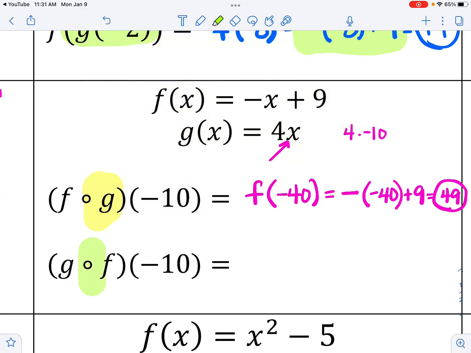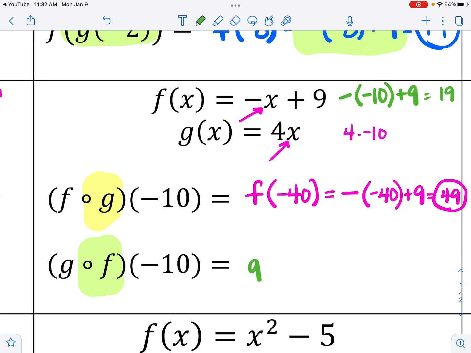And here I plug into the F first. So I'm now going to plug negative 10 into the first one. So again, this becomes negative parentheses negative 10 plus 9. Use Desmos. This is going to be 19.